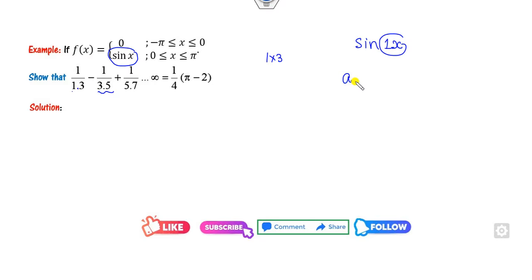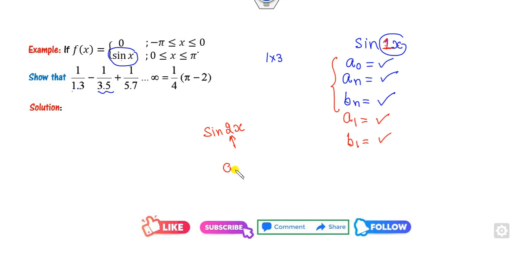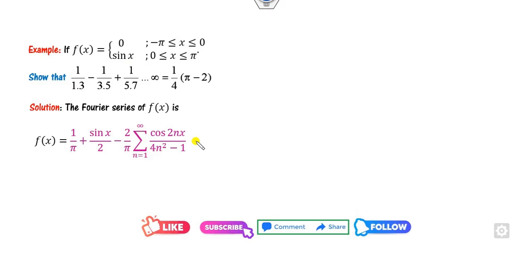So it means you need to find an, you need to find bn, you need to find a0, and because of this x coefficient is 1, you need to find a1 separately, b1 separately. Fine. If it is my say sine 2x, then you need to find this. Because of this 2, you need to find a2 separately, b2 separately. Anyhow, that you can find the Fourier series that you will get as here.